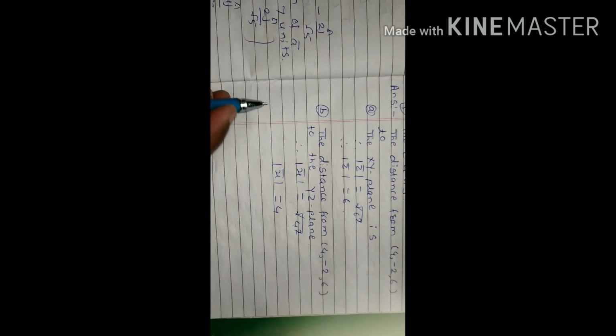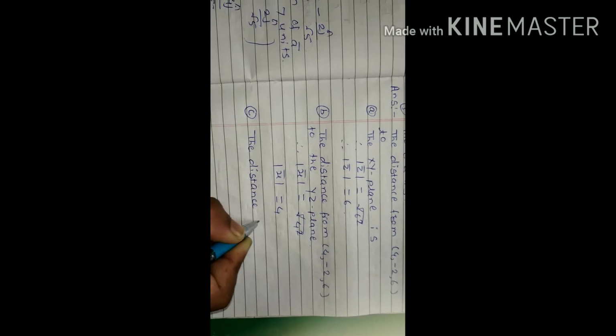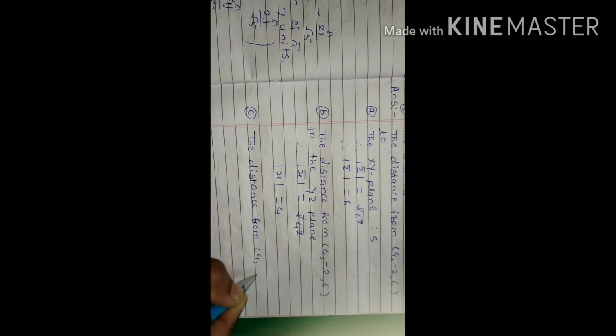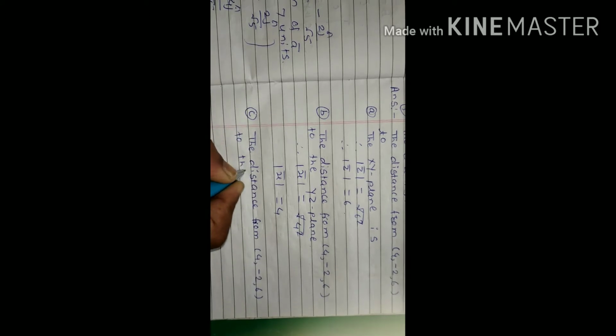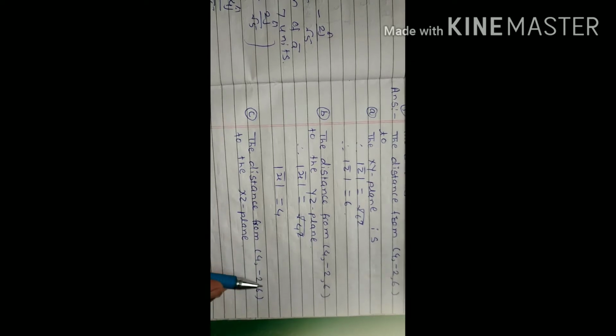Then C: the point is the same and the plane changes, that is the xz plane. The distance from the point (4, -2, 6) to the xz plane. X is 4 and z is 6, and the remaining term is y.